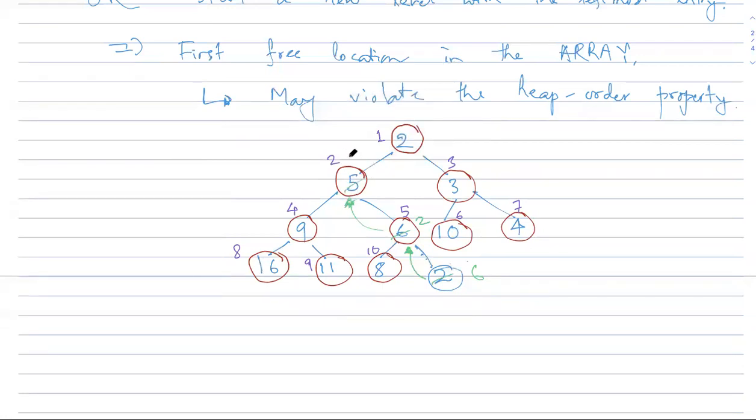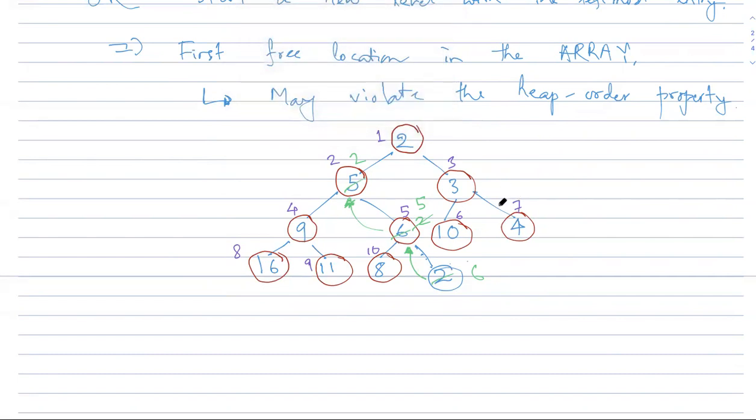This will become 2 and this will become 5. Now it has come to a state where both are 2, so it's going to be fine. And now you can see the heap order property is respected.